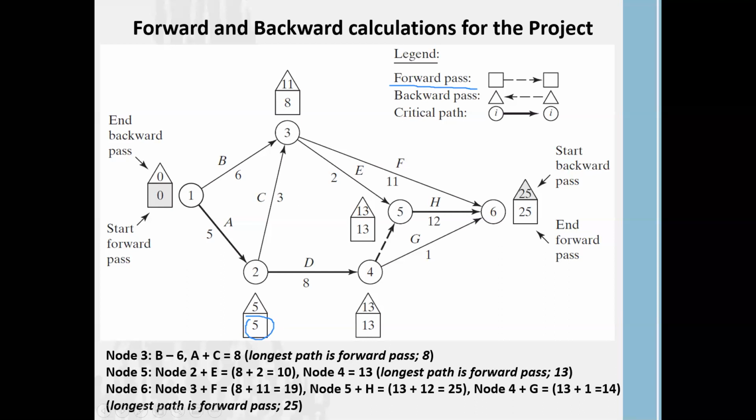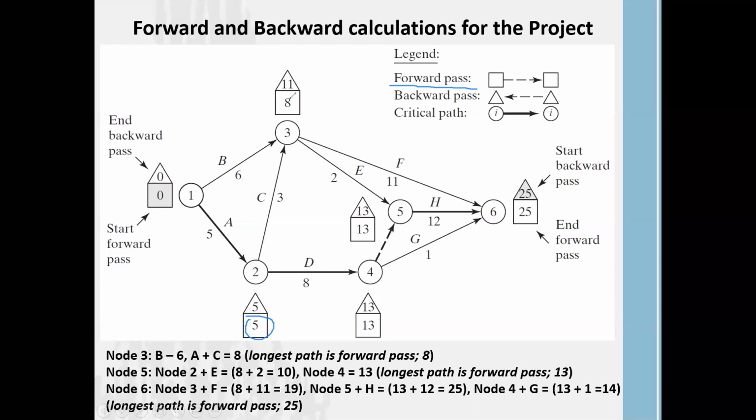It's easy. Now look at node 3, that means task 3. Task 3 can be started after completion of task 1. From task 1 to task 3 is activity B, and activity B consumes 6 weeks.